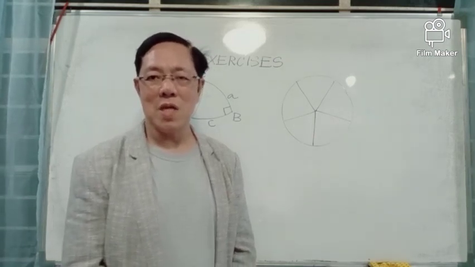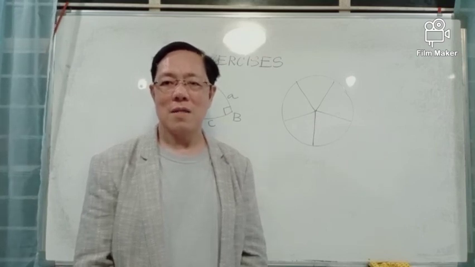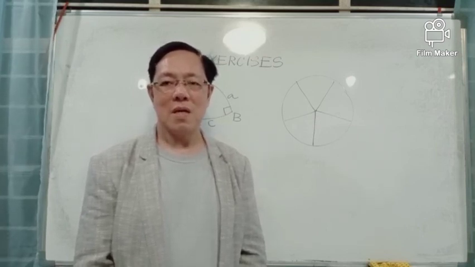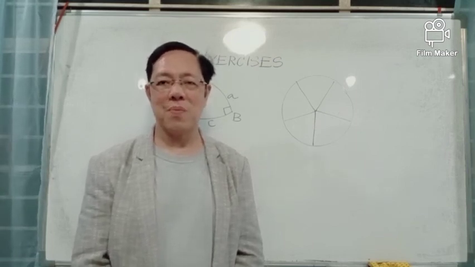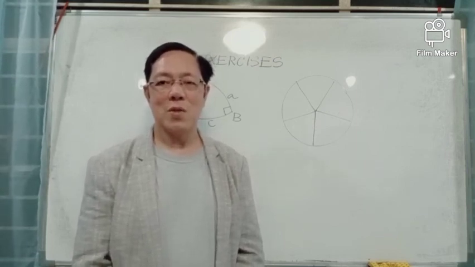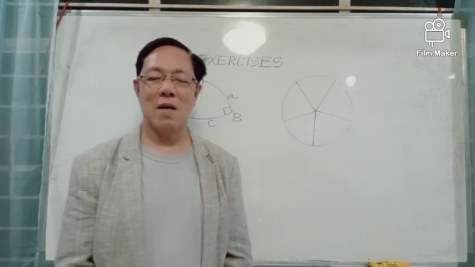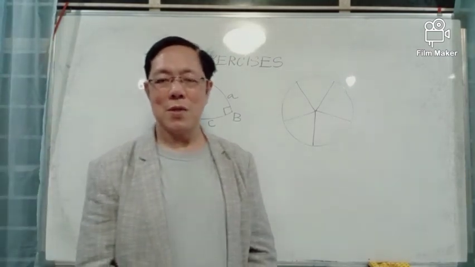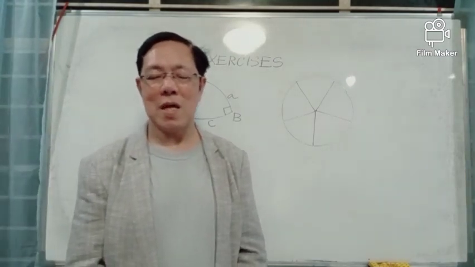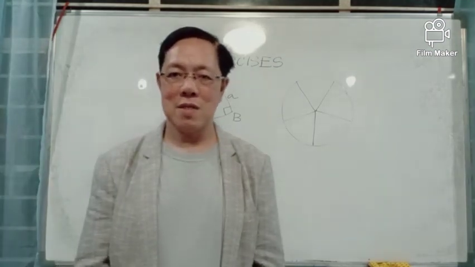Because the 2 Napier's rules specifically state the middle part and the adjacent parts and the opposite parts. And we need to know which parts are the middle part, the adjacent parts, and the opposite parts in writing the equations using the 2 Napier's rules. And we will do that in lesson 3.